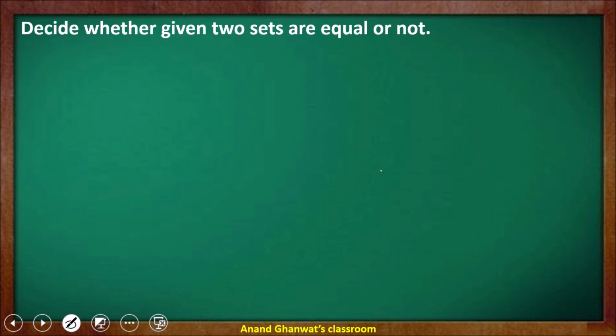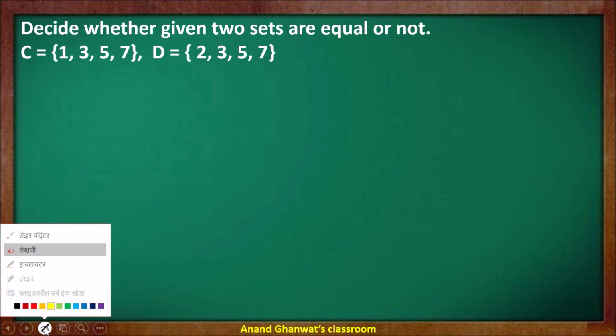Next example, decide whether the sets are equal or not. C is equal to 1, 3, 5, 7 and D is equal to 2, 3, 5, 7. Let us see whether the sets are equal or not.